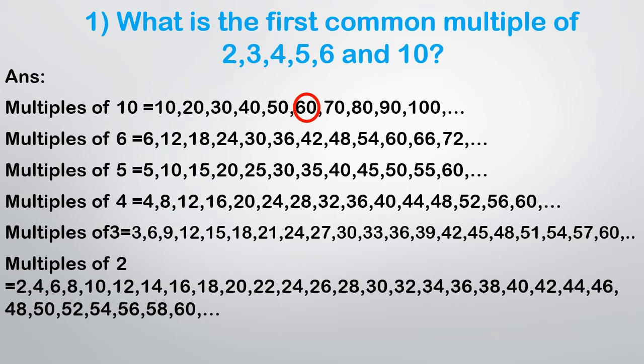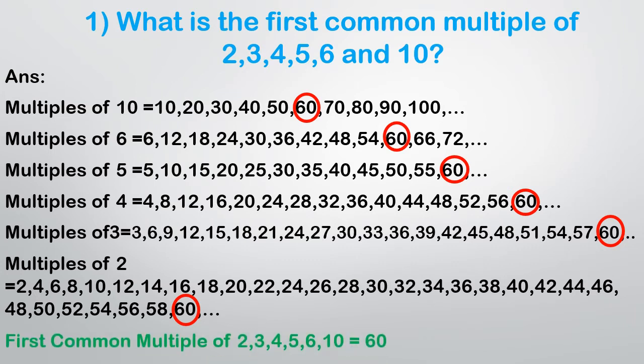So 60 comes in multiples of 4. Then 60 comes in multiples of 3 and also multiples of 2. So the first common multiple of 2, 3, 4, 5, 6 and 10 is equal to 60.